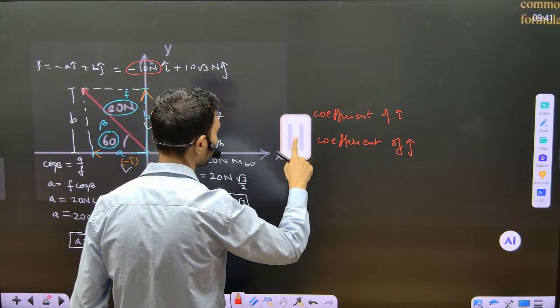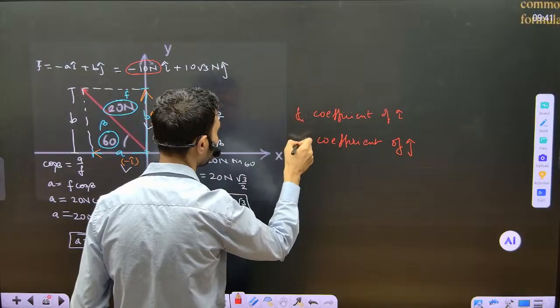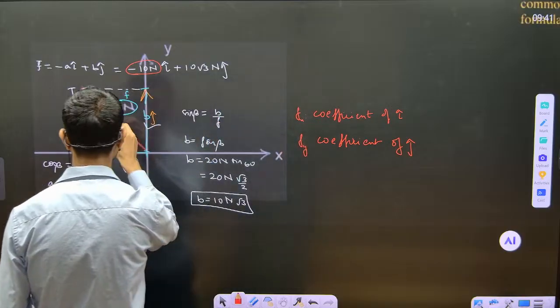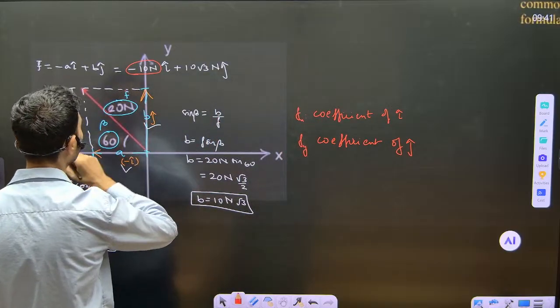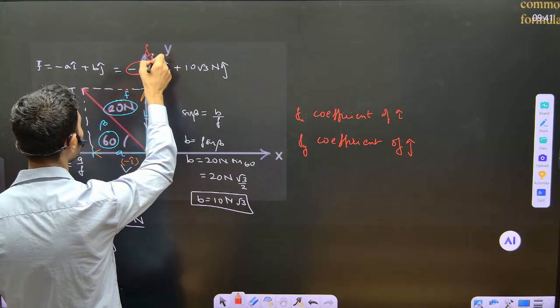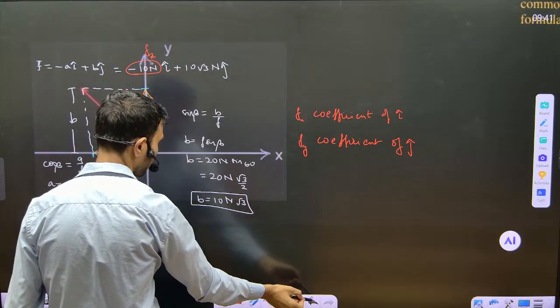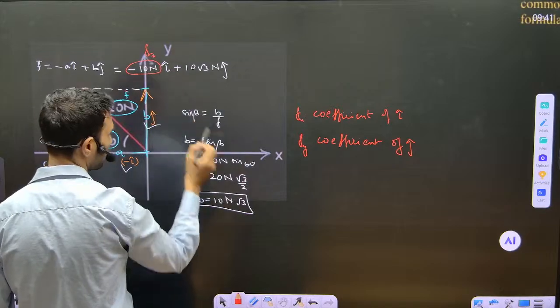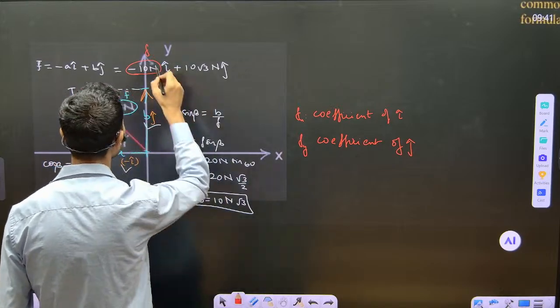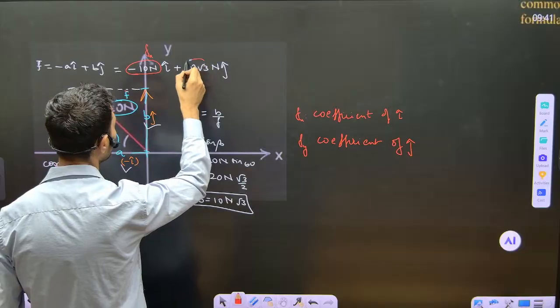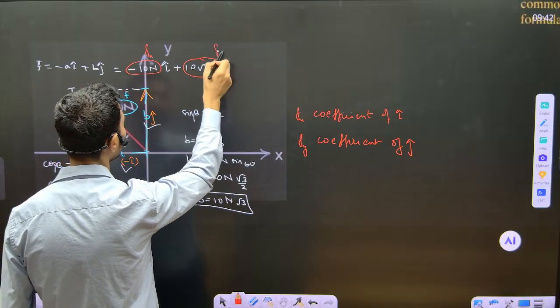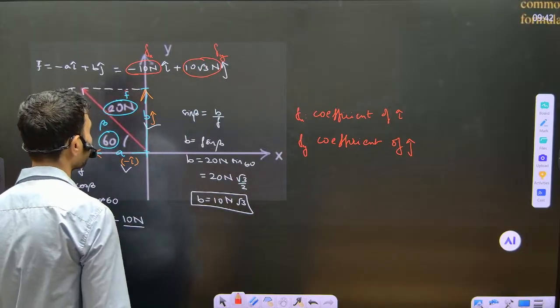It's like f. So it is fx and fy, because the vector is f, right? F vector. So this will be fx, and this will be fy. Okay?